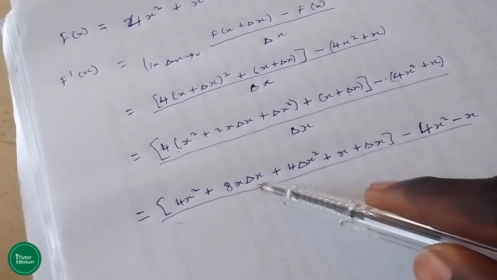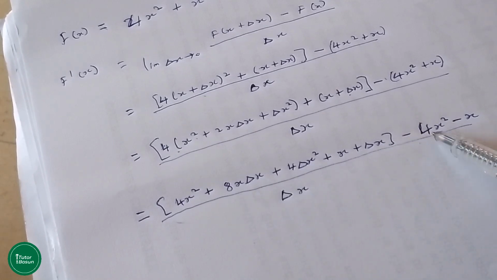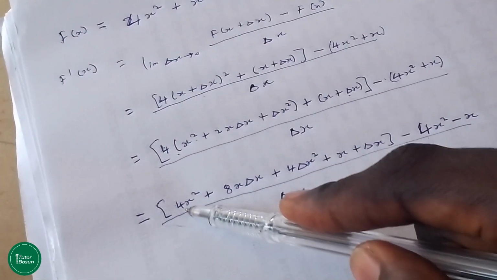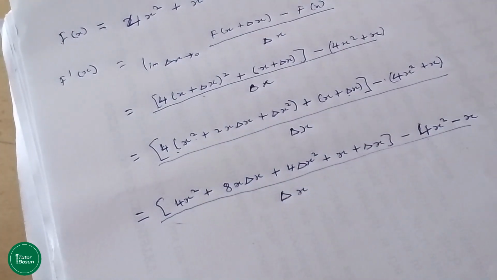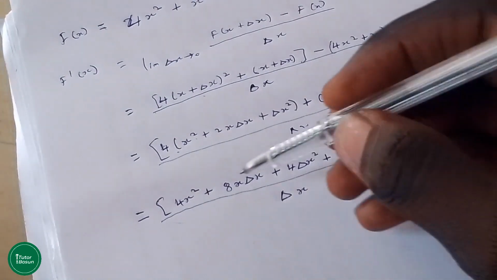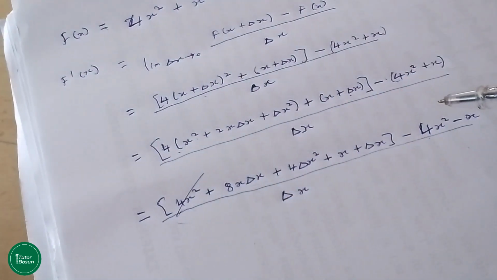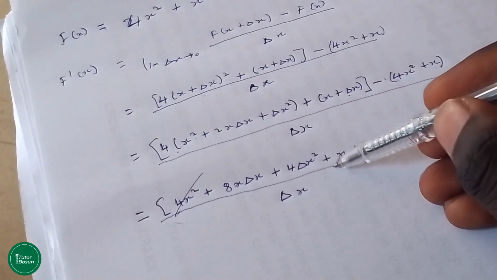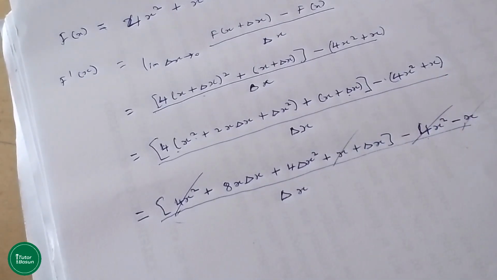Then to simplify the expression, minus 4x squared can cancel out 4x squared, neglecting the bracket. So automatically, an x can cancel out x. We have 4x squared to cancel out minus 4x squared. And also, x can cancel out x.